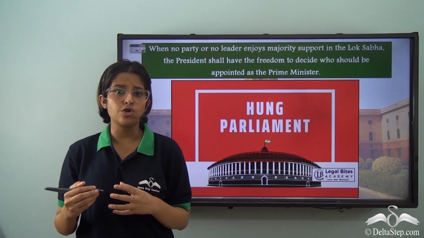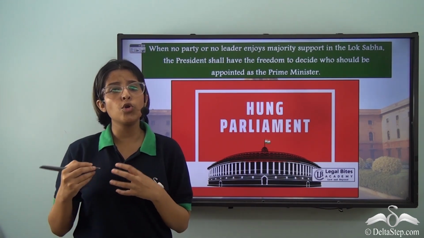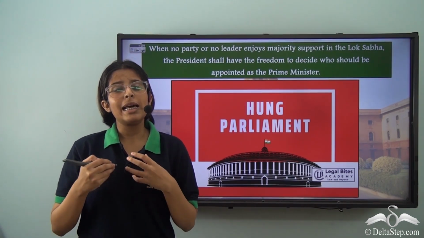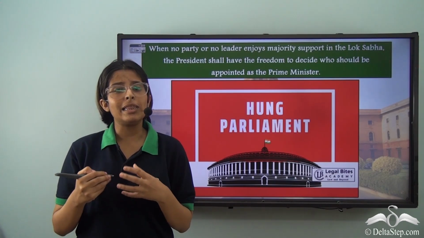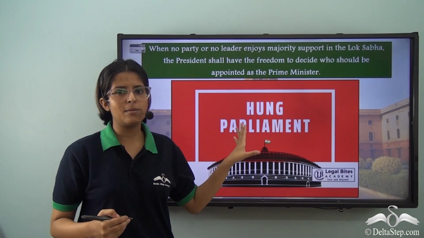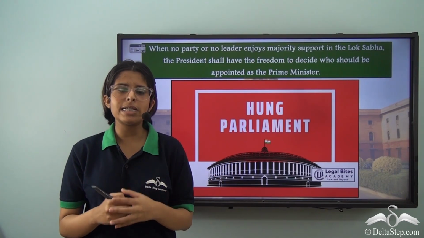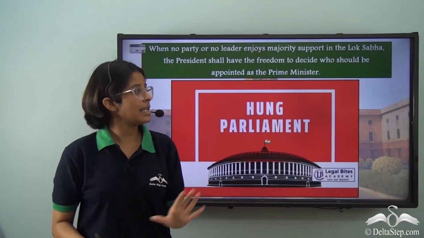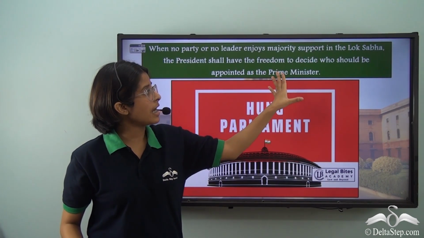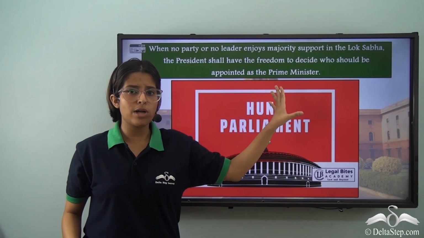But in a situation where no party or no pre-existing coalition gets this majority, then it is known as a hung parliament. When there is a situation of a hung parliament, the president takes over. In this case, the president has the freedom to decide who should be appointed as the Prime Minister.